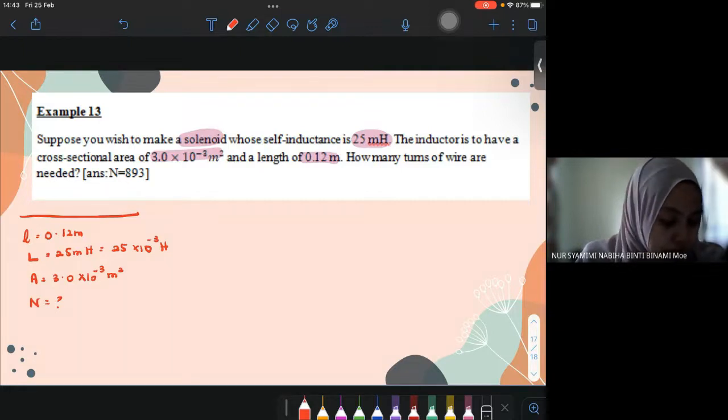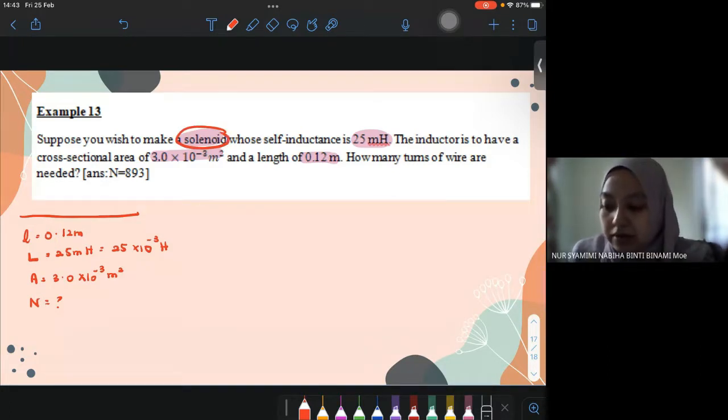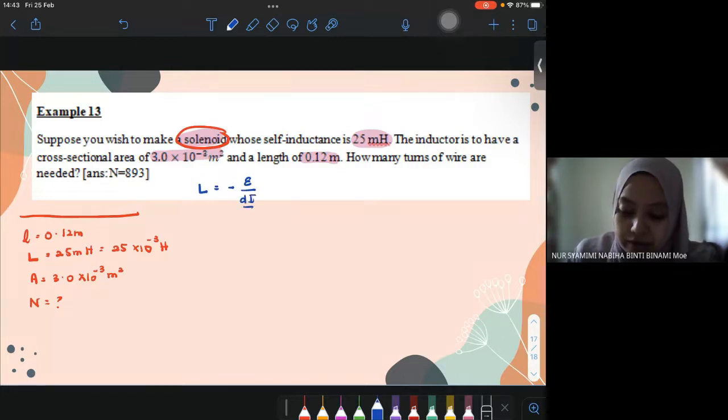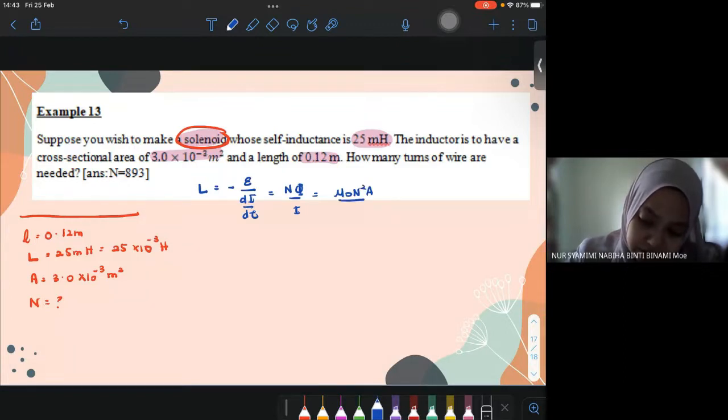Okay, so macam mana kita nak buat soalan ni? And it is a solenoid. Kalau solenoid ada berapa formula untuk kira L? Ada 3 formula. L is equals to negative M dI over dt, equals to N flux over I, equals to mu naught N square A over l.